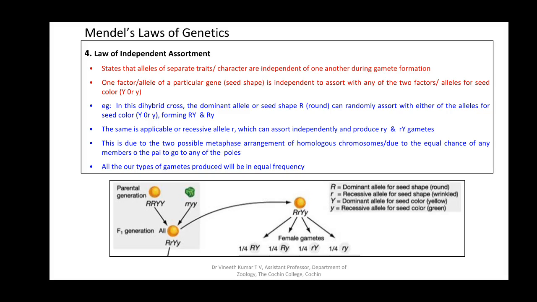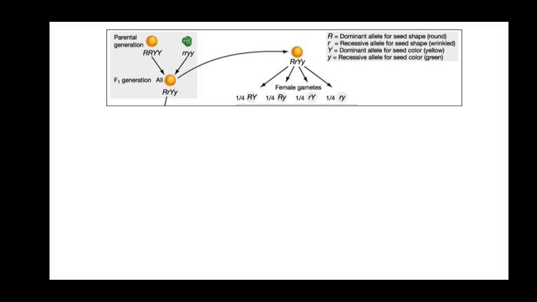Okay, so we'll explain this and come to the description again. This is what is called the law of independent assortment. So what was stated was that the alleles of two different characters... you have two different characters here. One is seed color and the other one is seed shape.